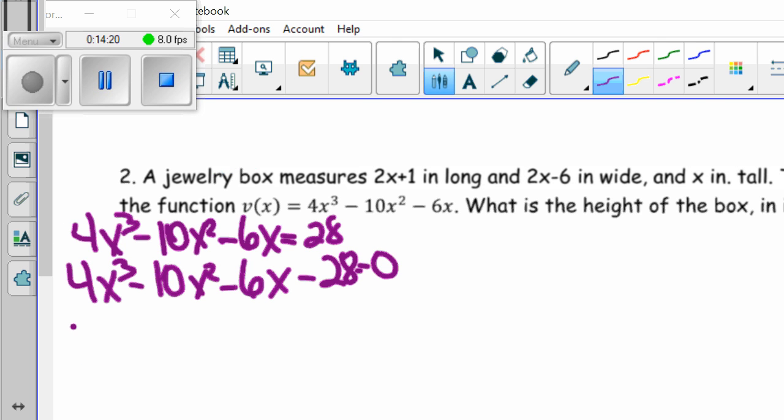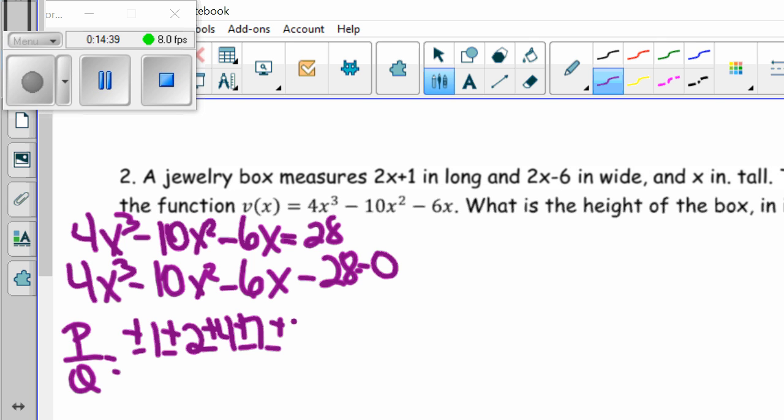Find my P's and Q's, the list of possible ones. So on top, list all of my factors of 28. Okay, so I've got positive negative 1, 2, 4, 7, 14, 28. All over my factors of my leading coefficient 4: positive negative 1, 2, 4.